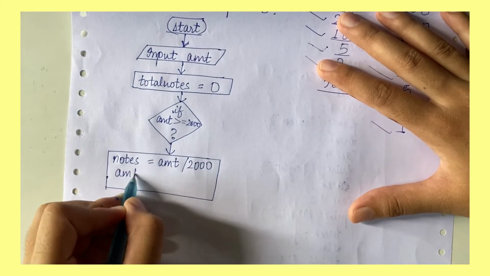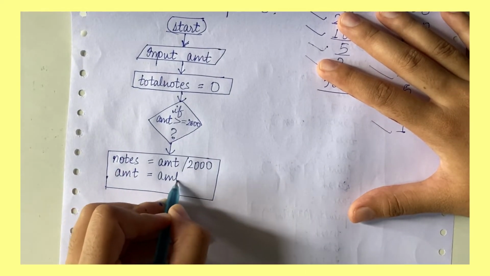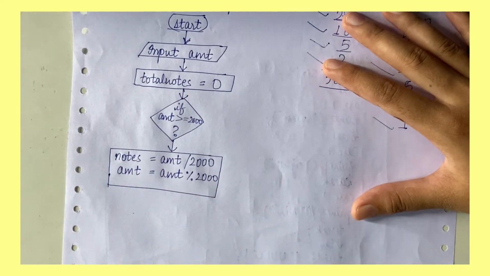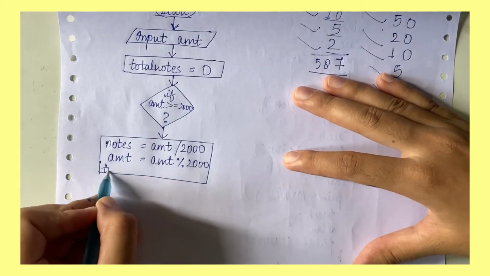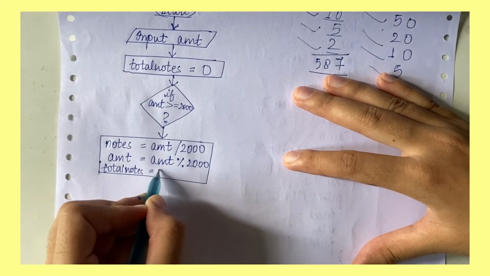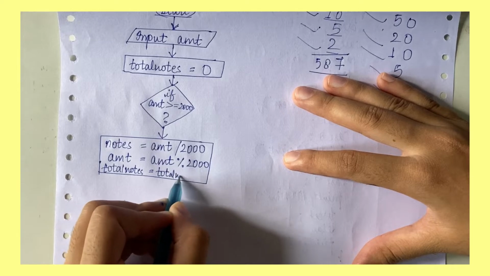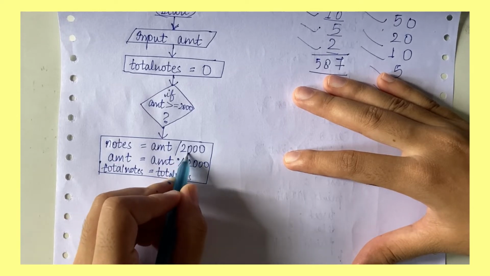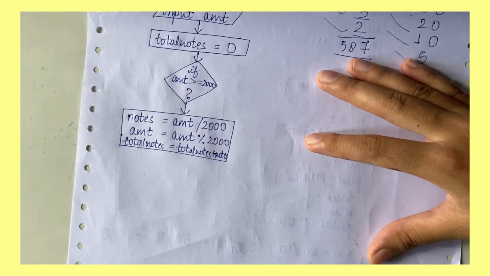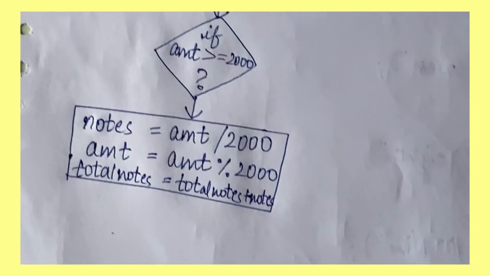And the amount will be amount modulus 2000, right? Total notes will be, initially total notes is 0 plus the number of 2000 rupee notes we need. So it is total notes plus notes. I hope this is clear.